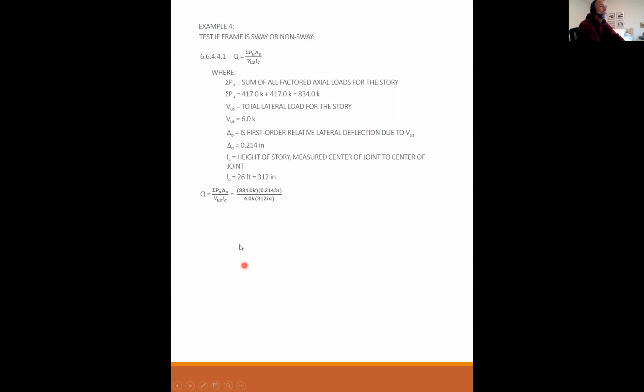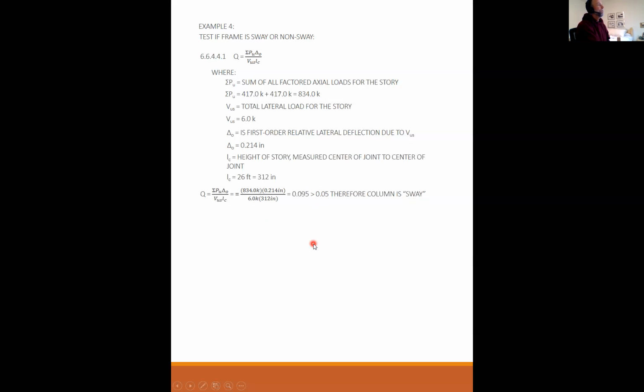So Q is equal to 834 times 0.214 over 6 kips times 312, which is 0.095. This is greater than 0.05, which is the code's threshold for sway. So because Q is greater than 0.05, this column is considered a sway column.